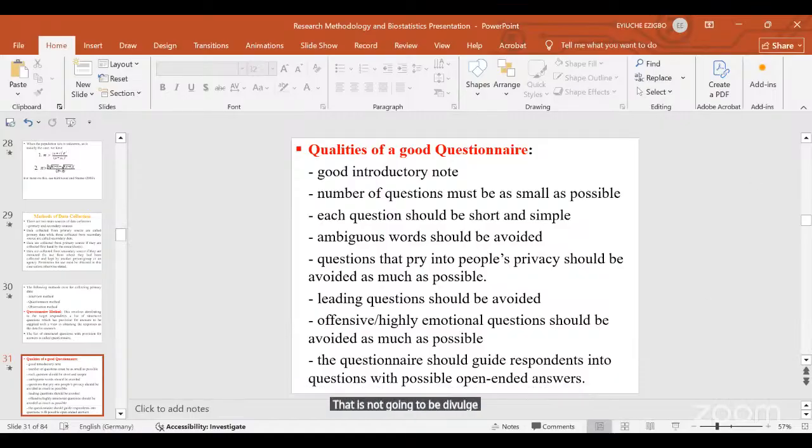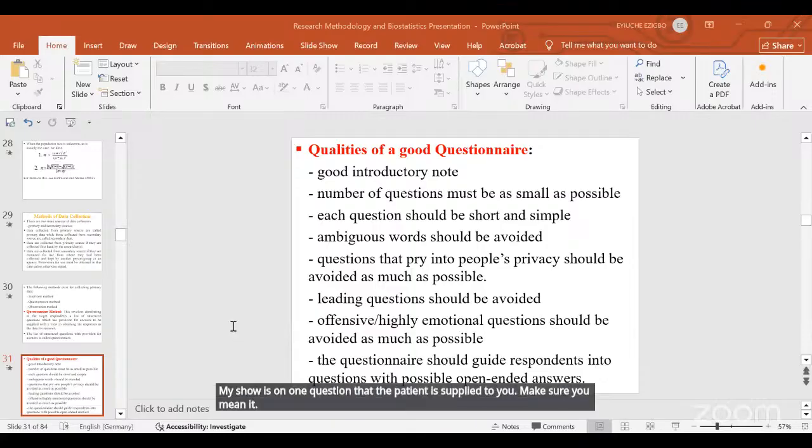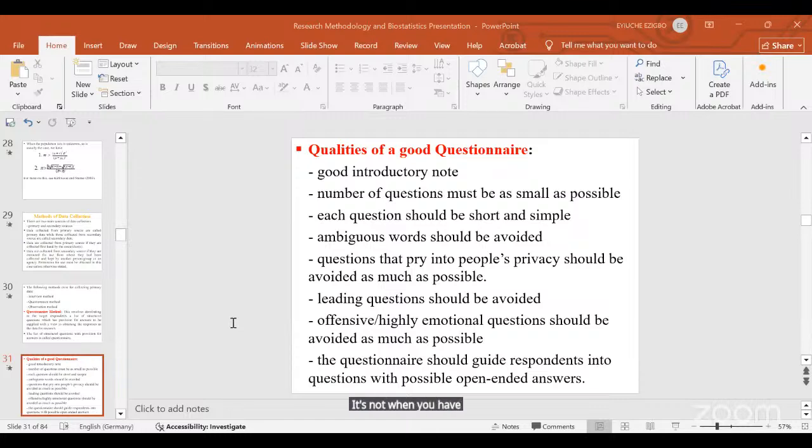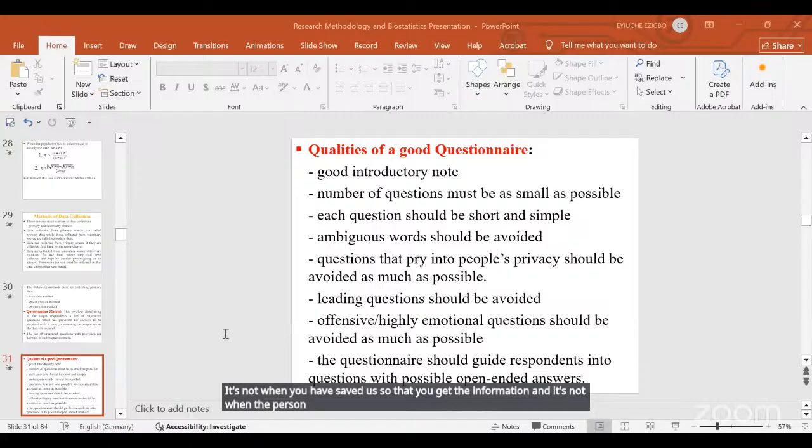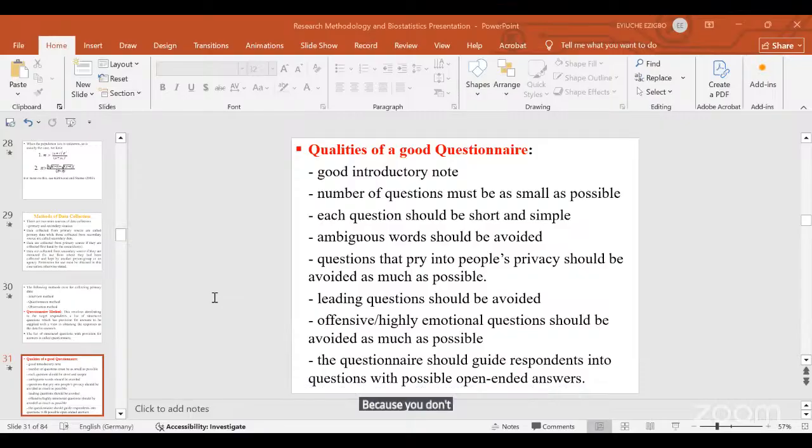And I only want to say, if you have assured someone of confidentiality of the information that the person is supplying to you, make sure you mean it. It's not that you say that so that you get the information, and tomorrow the person begins to see something related to that. It is equally fraudulent, because you don't use an information that someone has given to you in confidence anyhow.